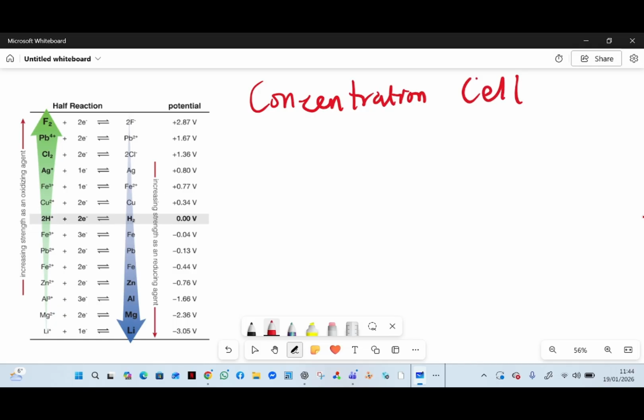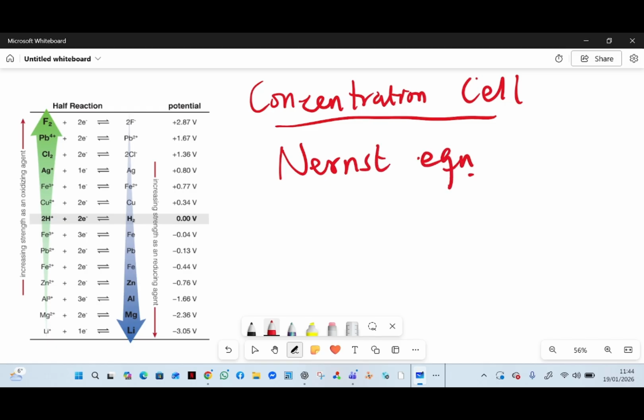A concentration cell is based on the Nernst equation, which we have to recall as the cell potential developed is not just made up of the standard cell potential, but also includes another component which takes into account the chemical activity.